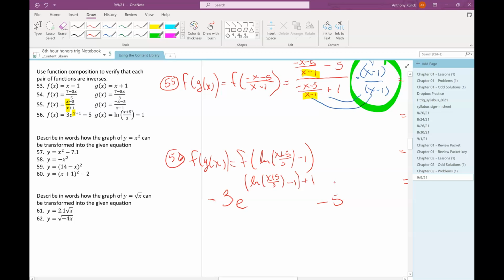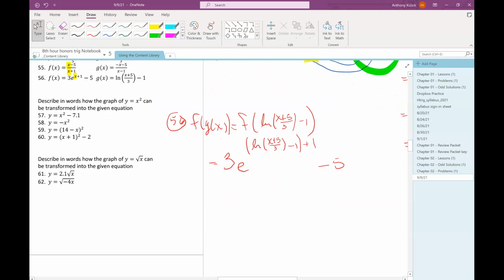Good with the composition that we did there? I guess there's probably another parenthesis there. So first thing I'll do is I can get rid of the minus 1 and plus 1. And then exponent base e and log base e can cancel.